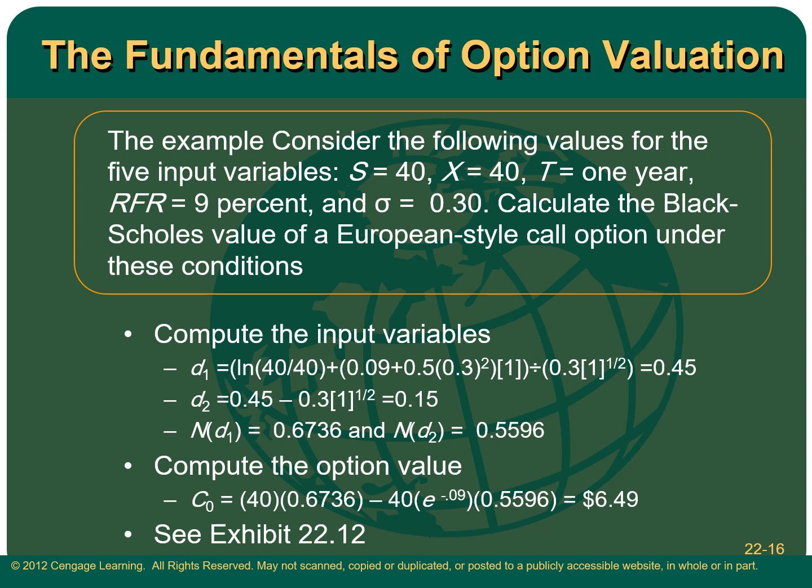To compute the option value, the call option is 40 times N(D1), which is 0.6736, minus the exercise price 40 times E raised to the power minus 0.09 times N(D2), 0.5596, which is equal to 6.49.